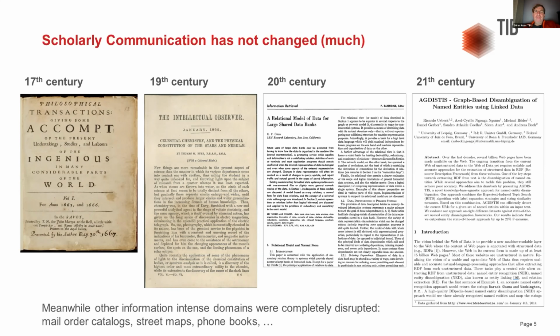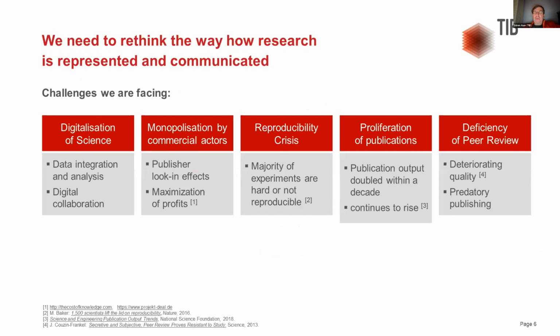Also, we have a number of problems in science. The digitalization of science, data integration, analysis, and digital collaboration is a challenge. We have also monopolization by commercial actors like publishers, which exploit lock-in effects and aim at maximizing profits. We have a reproducibility crisis.